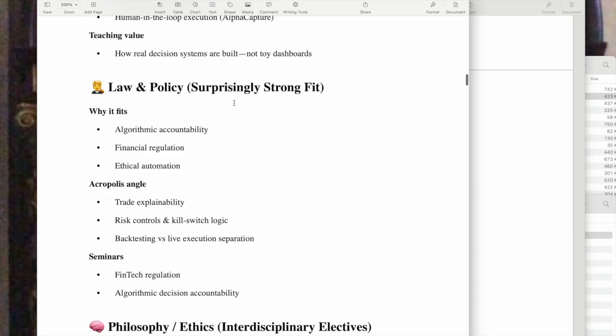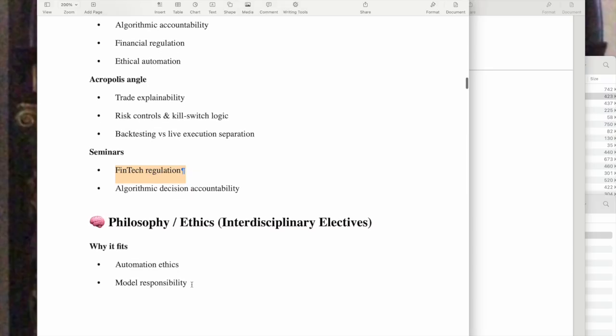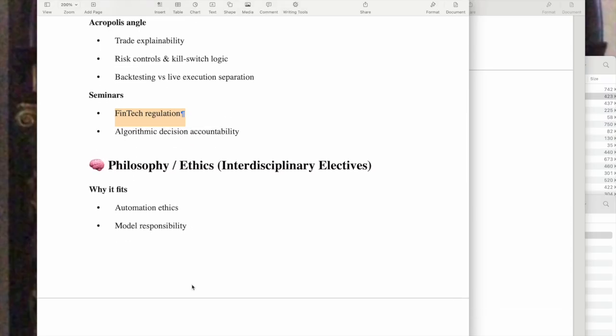It can go into law and policy because there's a lot of questions about algorithmic accountability, financial regulation, as well as ethical automation, financial technology regulation. Okay, this is a perfect playground for that, where we can design non-technical exercises for people.